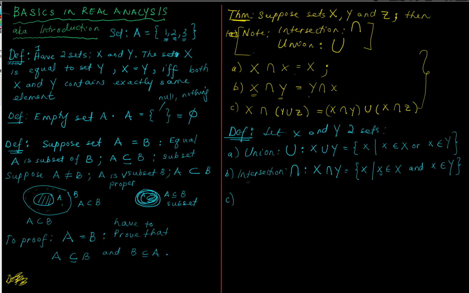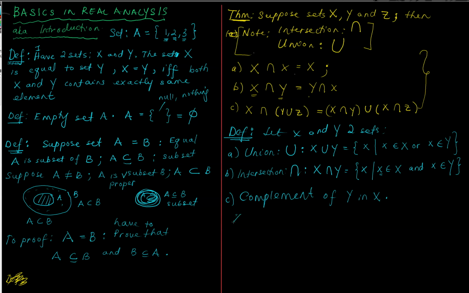The next very important set terminology you need to know is called the complement. So the complement of, let's say, Y in X. It's in X, but it's not in Y. There are many notations people would write.